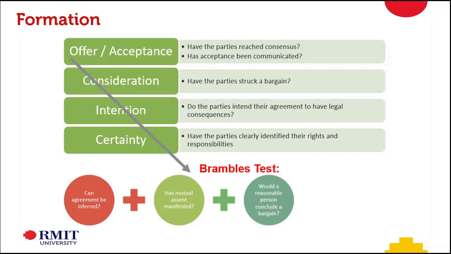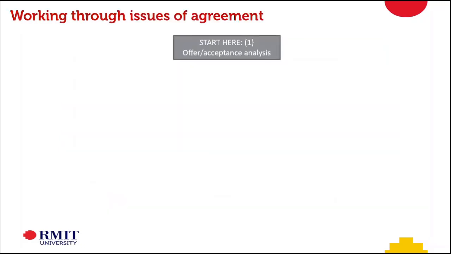Has mutual assent manifested? Can we see that they are acting in relation to that arrangement? And would a reasonable person having that information assume that the parties had concluded a bargain? And if the answer to all of those is yes, then we can have an agreement, even if we can't easily match an offer and an acceptance.